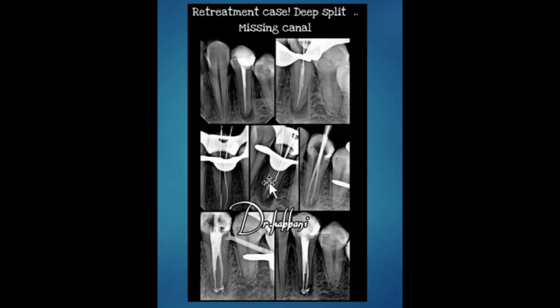Here I was trying to do scouting, and this is my master cone, and this is the final obturation. And we can see the healing that happened so quick just after locating the second canal. So again, missing canal or untreated canal can cause failure of the treatment, no matter how good is the treatment.